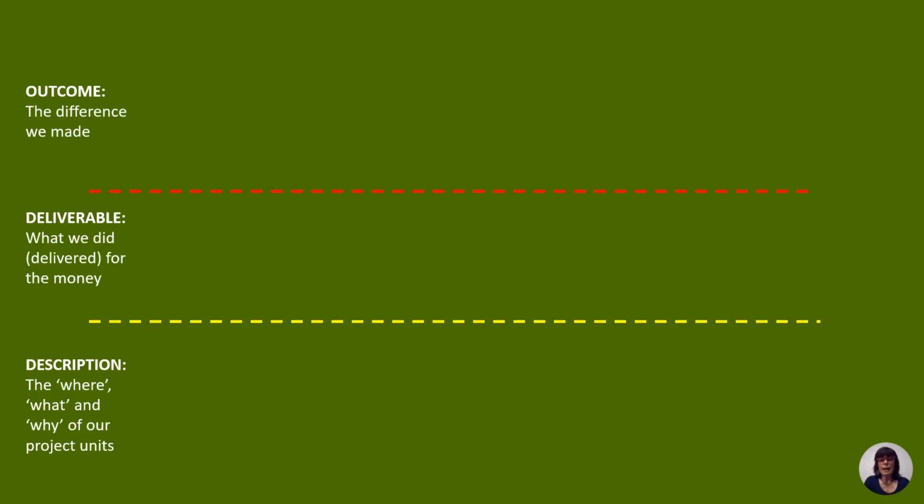So let me explain what I mean. You're familiar with the area above the red line, the outcome level, where we articulate the difference we hope to make, the change we hope to see in our natural assets. Below the red line, we've got our deliverables, what we did, the milestones we did, and I've added a yellow line in there, and below that I've put the description of the project, the what, the where, and the why.